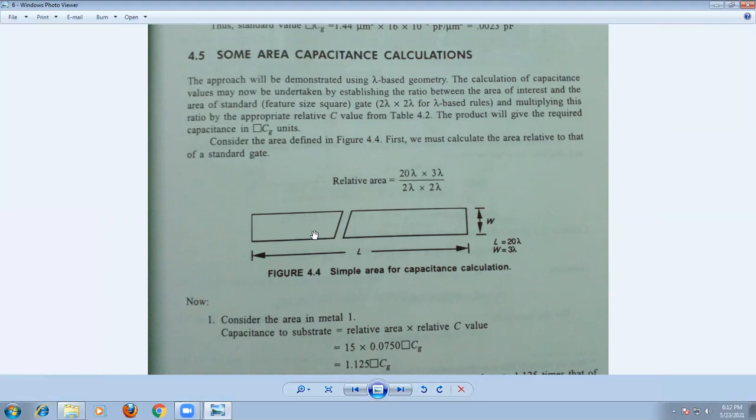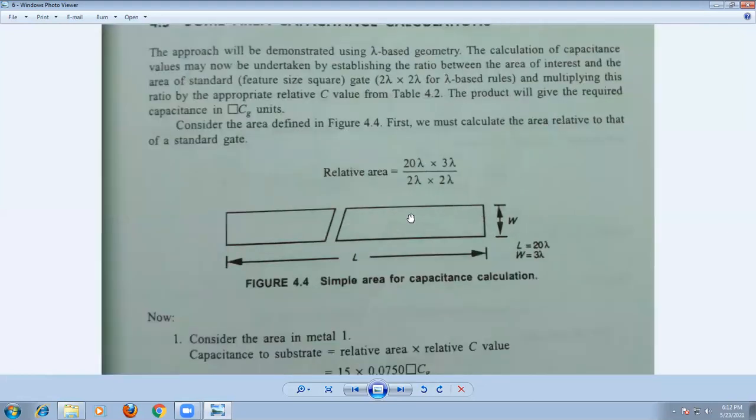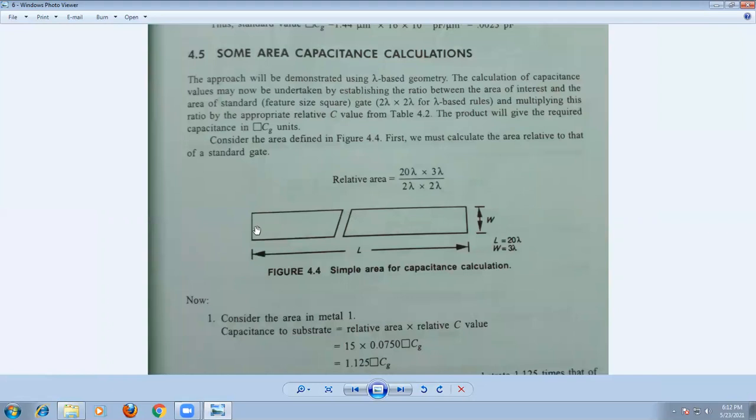The layer is not given. It may be metal, polysilicon, or diffusion, any layer in this case. Now, assuming that this is the metal layer, what is the capacitance to the substrate?